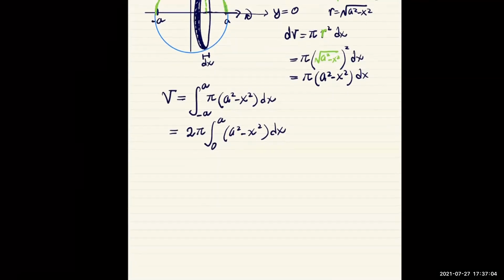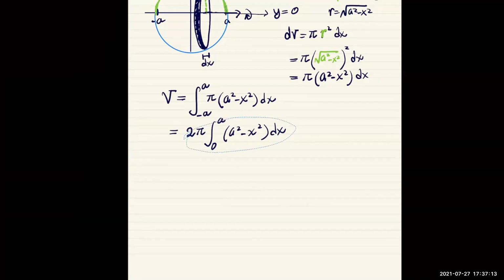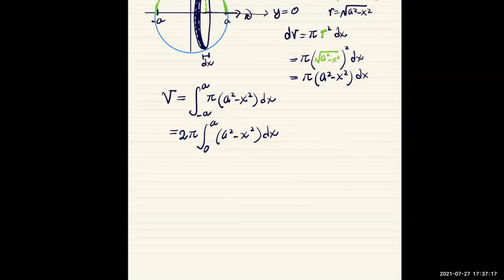Okay, find the antiderivative. Gotta be careful, guys, because the integration is with respect to x. So the antiderivative of a squared is not a cubed over 3. Here a is a constant, so a squared is a constant.